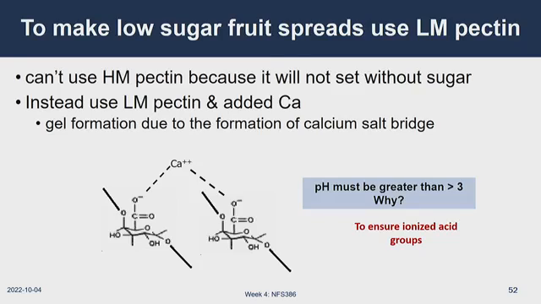And if we cannot see this, there is no interaction with the calcium, and in this case, there is no gel formation. So there is no calcium salt bridge formation, and there is no gel. This is why we have to play with the pH. If we are making low sugar fruit spreads, people play with the pH and add different constituents to make sure that the gelification is maintained.